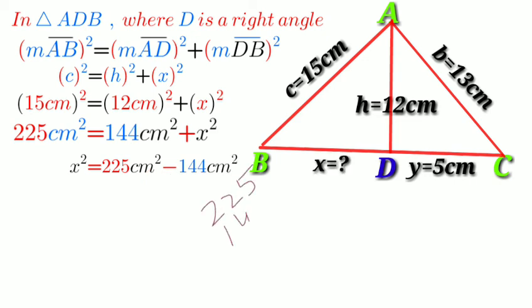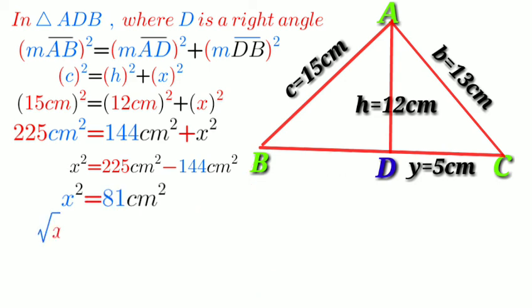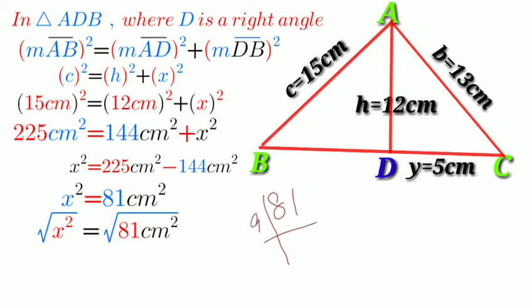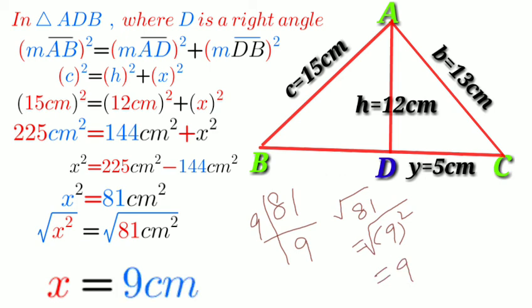The difference of 225 square centimeter and 144 square centimeter is 81 square centimeter. On taking the under root on both sides, the value of X becomes 9 centimeter.